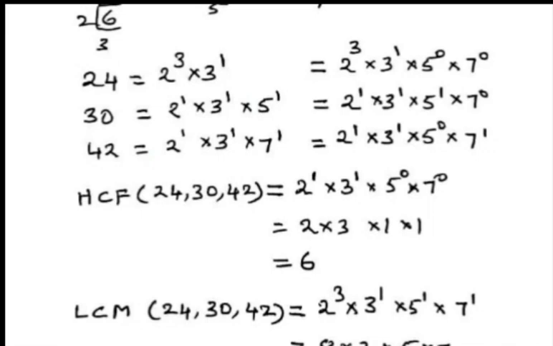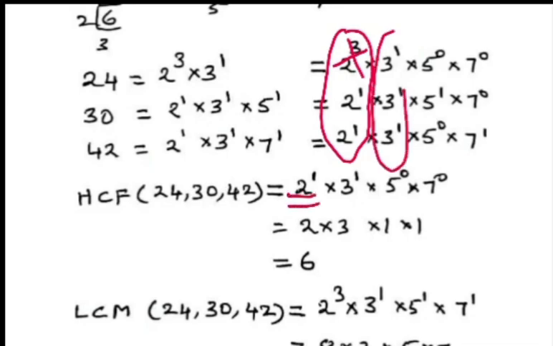Now to find the HCF, we consider only the least power; the highest power is not considered. 2 power 1 and 3 power 1, same values, and here 5 power 1 and 5 power 0, only the least power is to be considered.